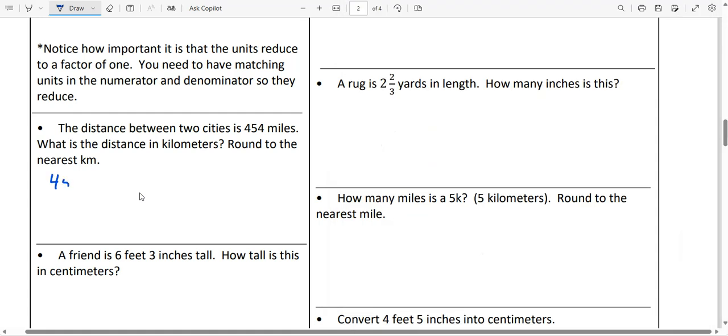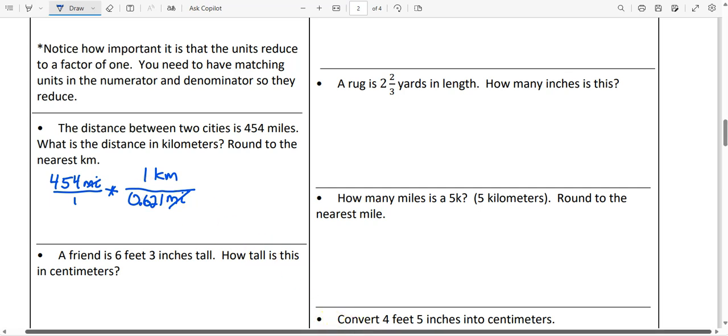We start with 454 miles. Put that over 1. And now I know I need the miles on the bottom of my form of 1 so that the miles will reduce. And that is 0.621 miles is 1 kilometer. And there we go with our units.